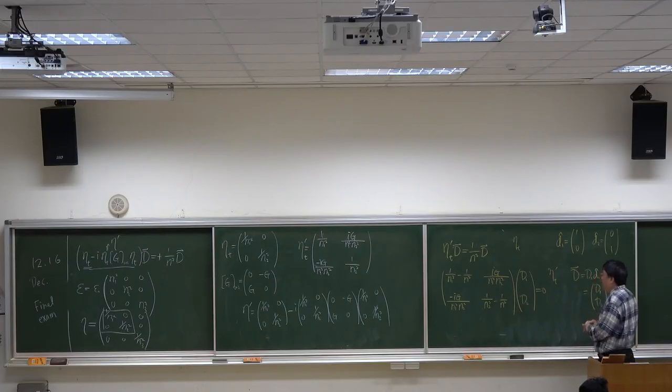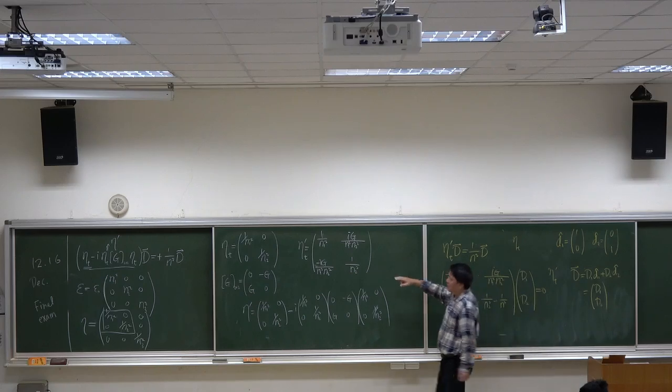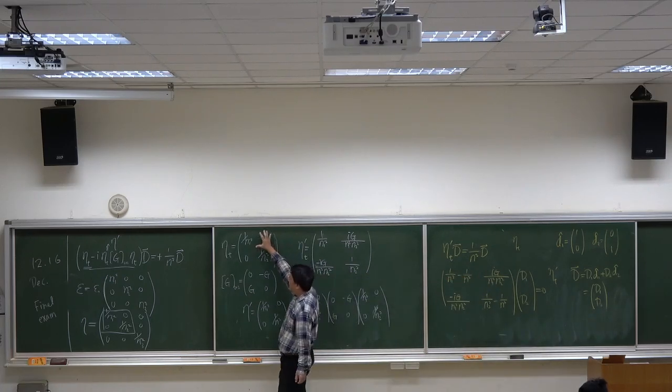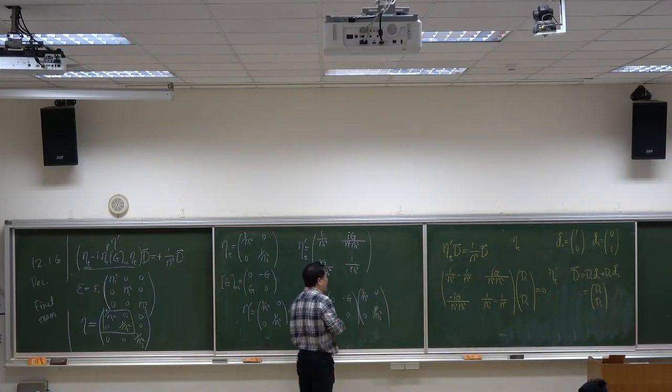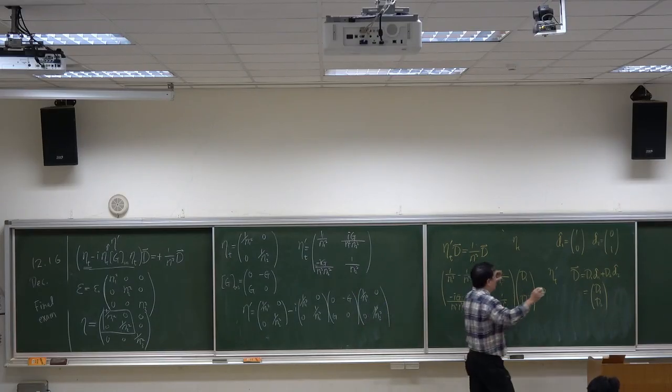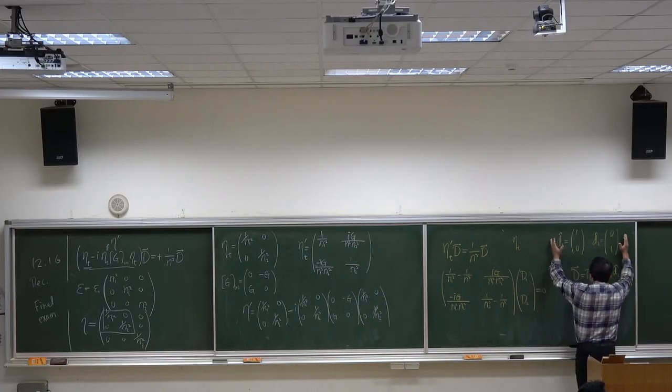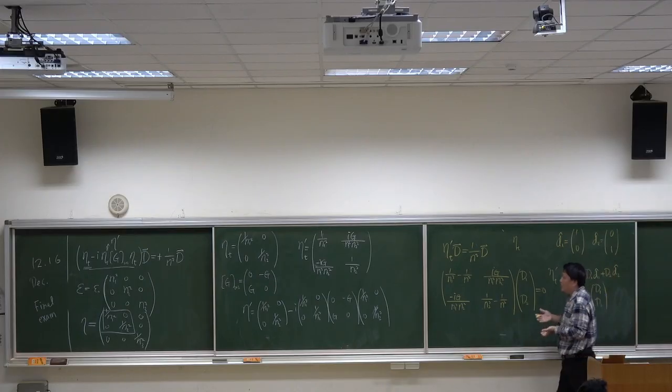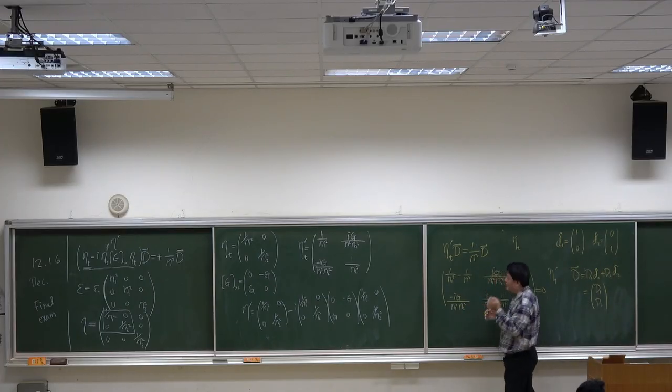Okay? And if we choose our coordinate axis to be along these two eigenvectors, then we can write d1 as 1, 0, and d2 as 0, 1. Then this eta t matrix becomes diagonal form. Okay? And then we use this basis to discuss what's the influence of the optical activity.